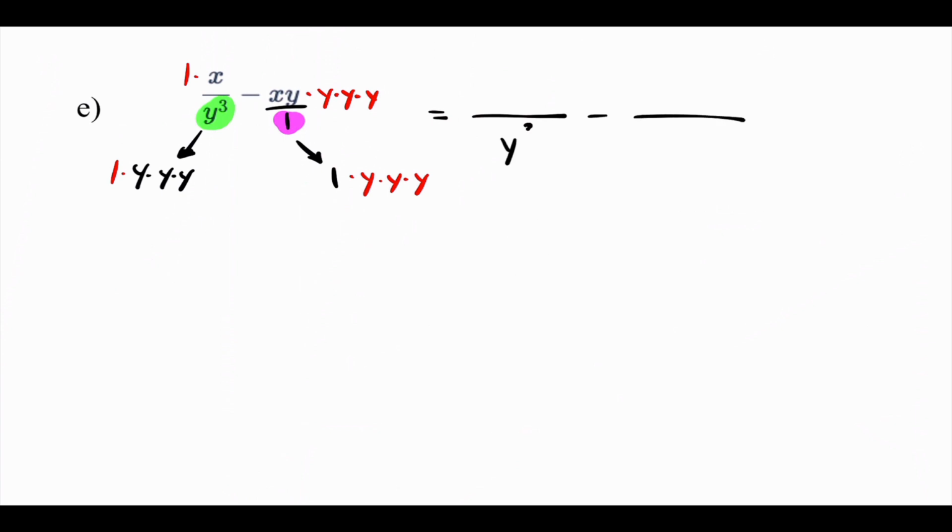So the common denominator is 1 y to the third. So the first one is x. X times 1 is just x. The second is x times y times y times y, which is y to the fourth. x y to the fourth.